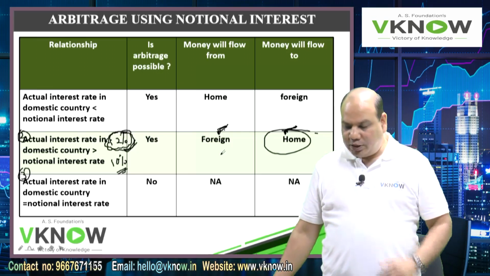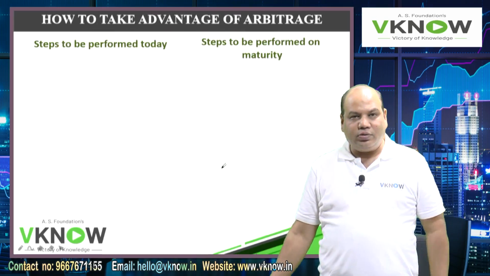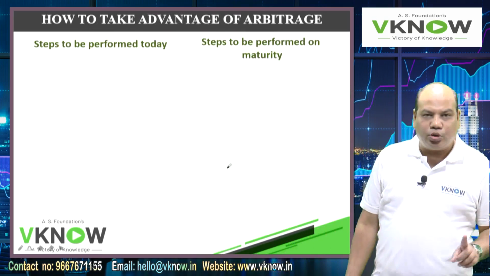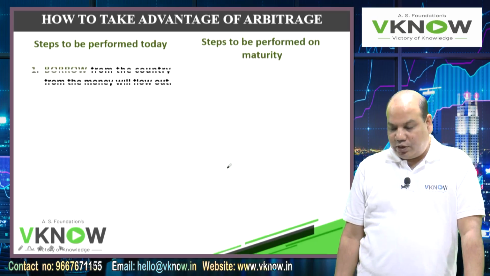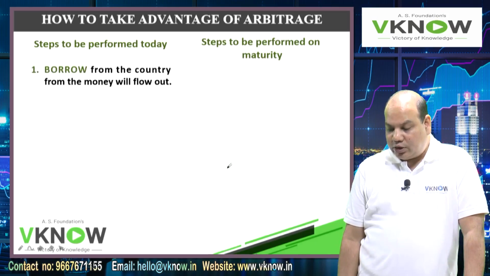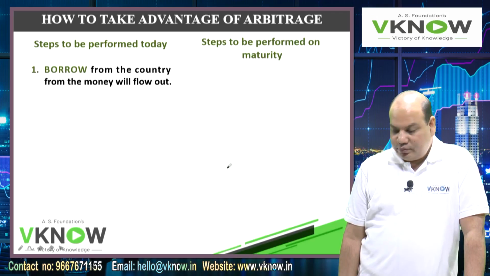After completing this first task, that is, identifying where you have to borrow and where you will invest, you perform the following 7 steps. Step 1: borrow from the country where the money will flow out, which you will find as per the notional interest rate table.